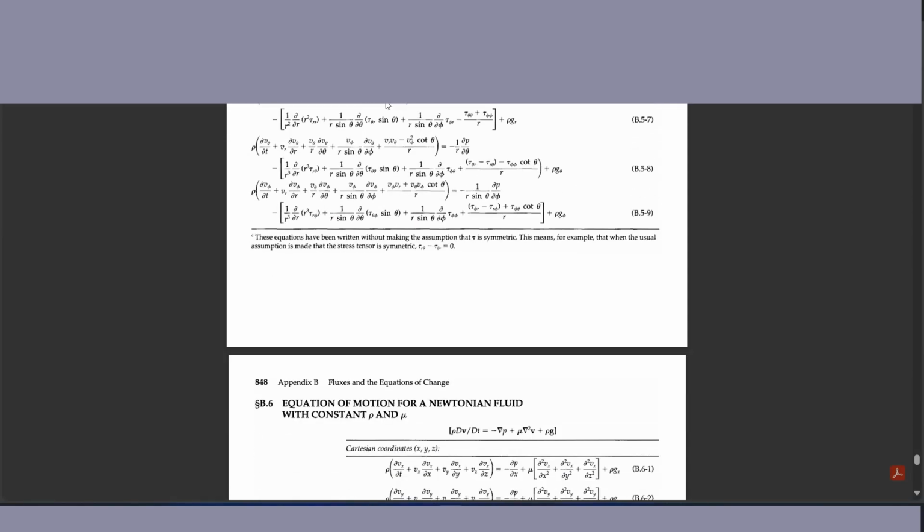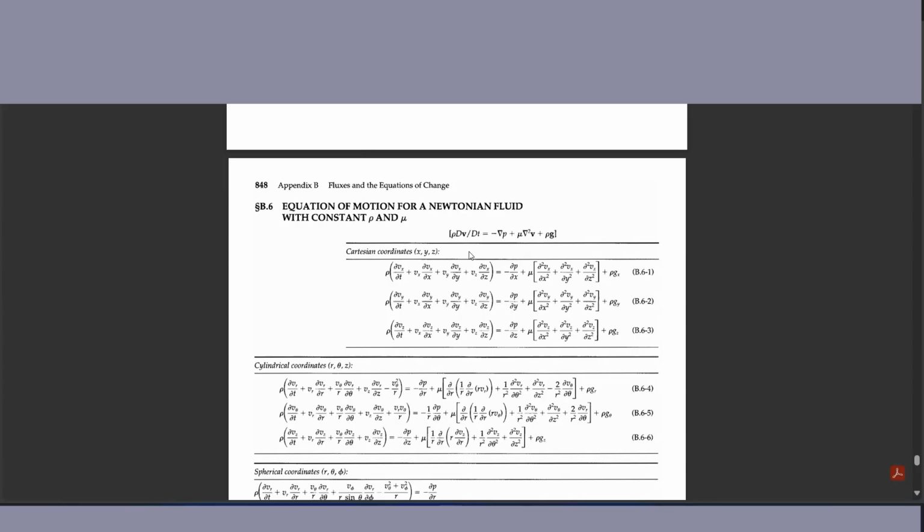So we can make this simplification for Cartesian, taking density and viscosity as constant, and it just makes deriving this equation easier. We're looking at the velocity in the z direction, so we're looking at B.6-3 because of rho gz. Basically, that's how I figure it out most of the time.